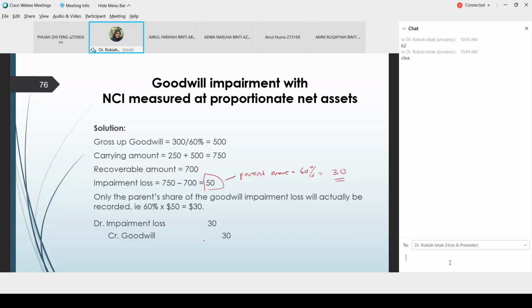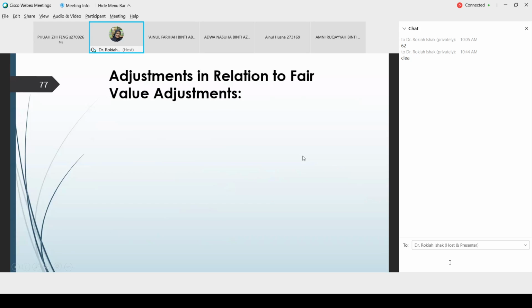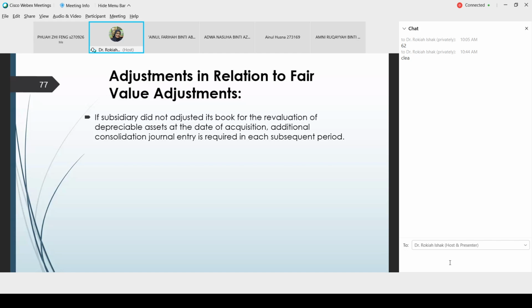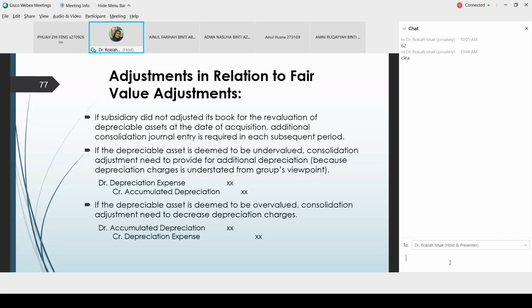Okay, the next one we have the adjustments. Adjustments of the fair value of the assets. Okay, adjustment in relation to fair value adjustment. So we're going to look at the adjustments here. So the problem here is when the subsidiary does not adjust its book for the revaluations of depreciable asset at the date of the acquisition.